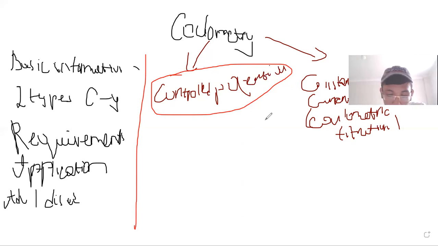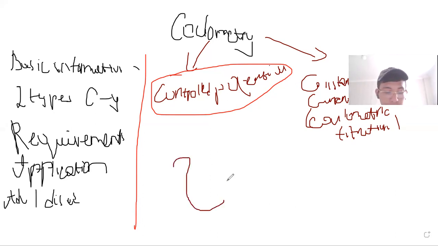So what we have to understand about this method, controlled potential, is that the potential of the working electrode is maintained at a constant value relative to a reference electrode during electrolysis. Let's repeat.